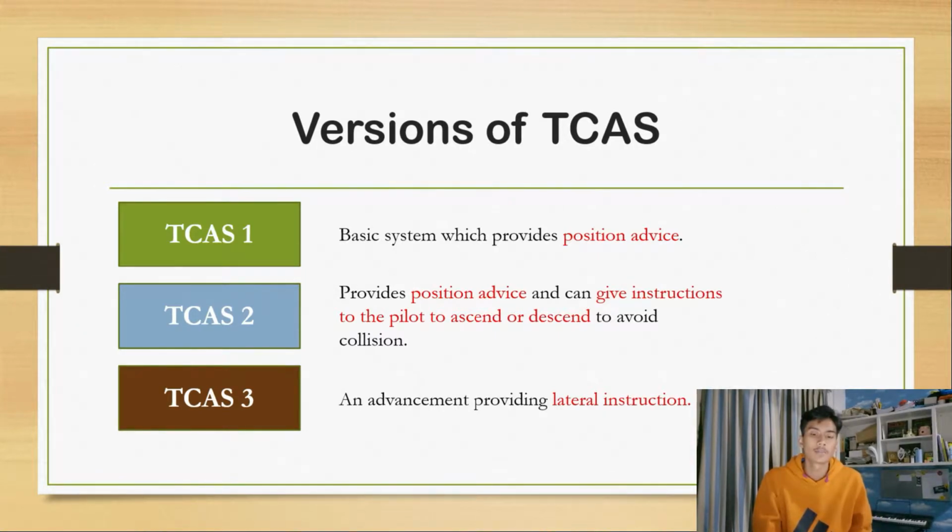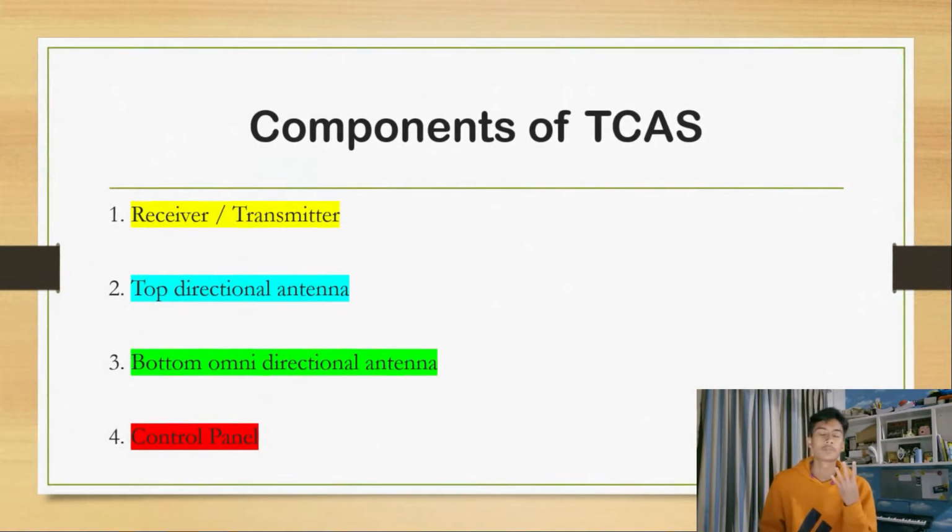This provides position advice and can give instructions to the pilot to ascend or descend to avoid collision. The last one is TCAS 3. This is a further development of the TCAS, which provides lateral instructions such as bank to the left and bank to the right.